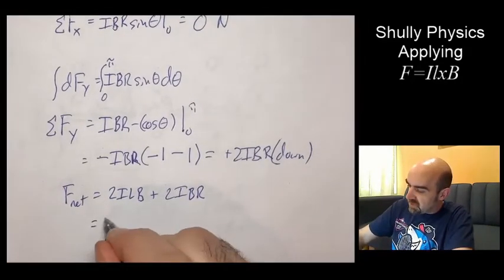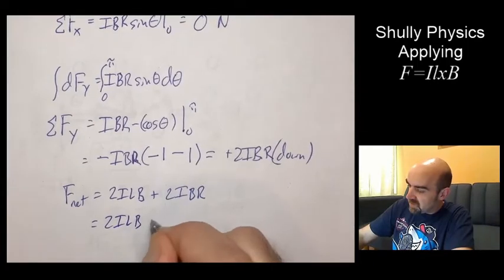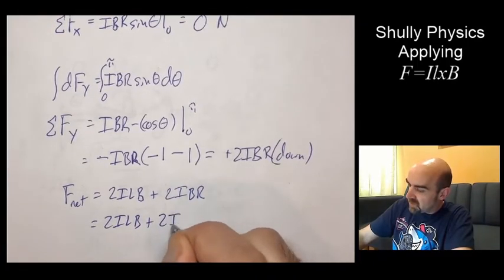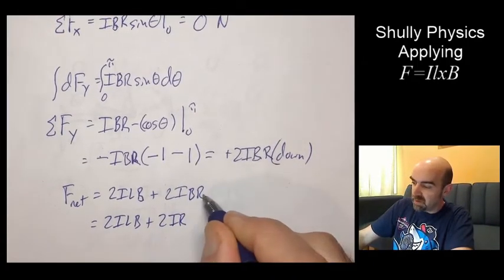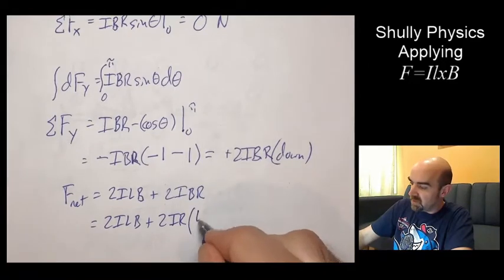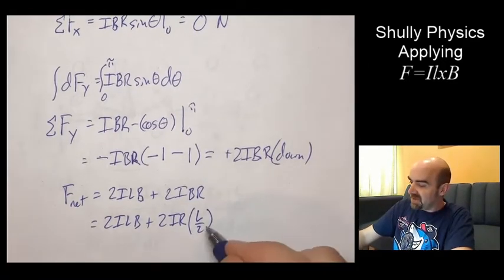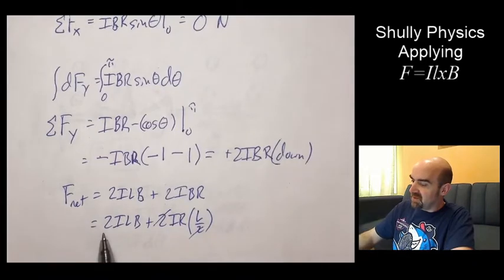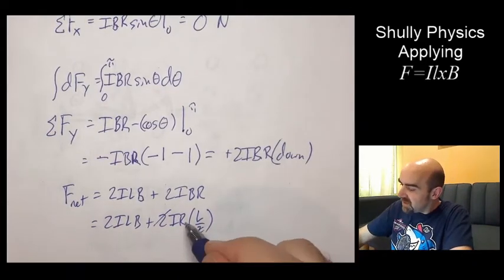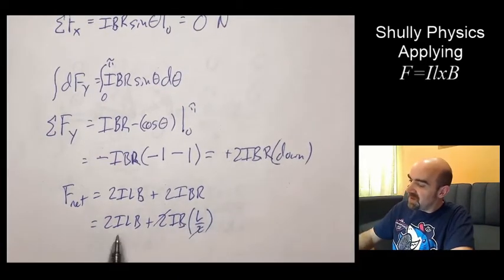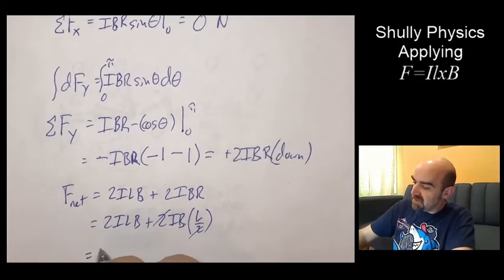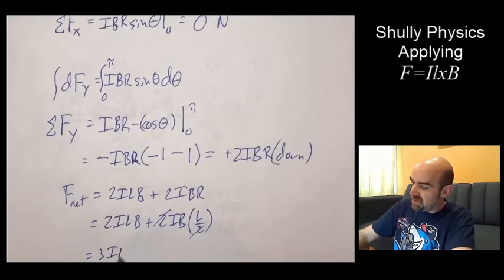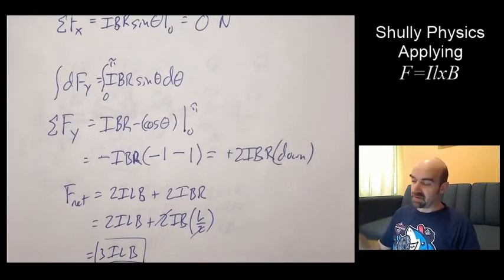Therefore, I'm going to just substitute that in. IB, and the R there is L over 2. All right, so that 2 cancels, and I have 2I, that's a B. 2 ILBs plus 1 ILB is 3 ILBs. All right, so that's our application number 2.